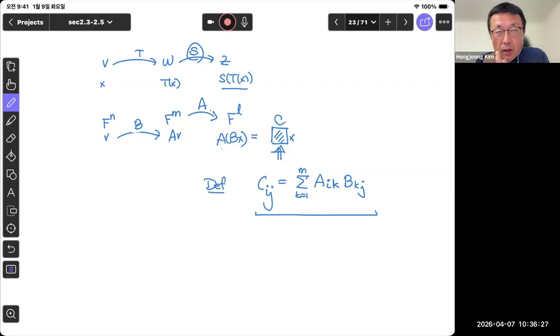And then the theorem I just explained is this. We can find a single matrix C whose ith row, jth column entry can be computed by this expression.